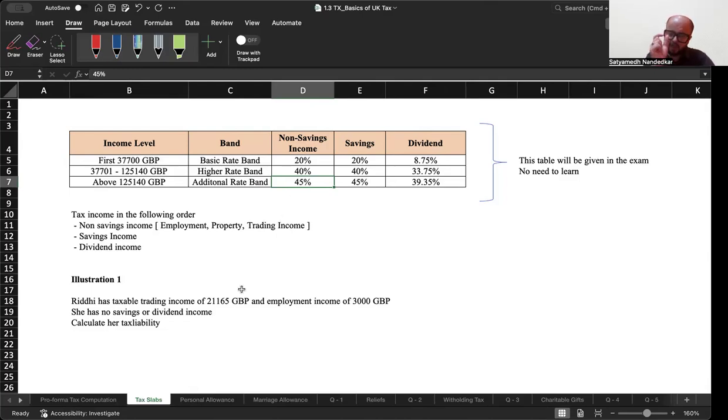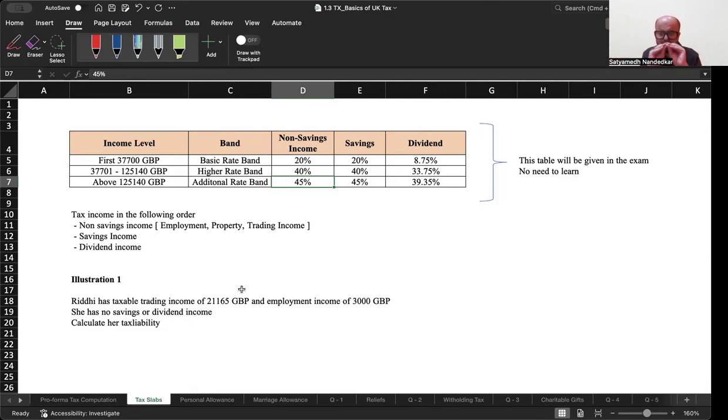Now, I'm going to do a couple of easy calculations with you to help you understand. This is actually not the entire picture of how tax is calculated. Please understand, I'm only trying to give you step one. There are a lot of other rules relating to personal allowances and deductions, which we haven't considered yet.